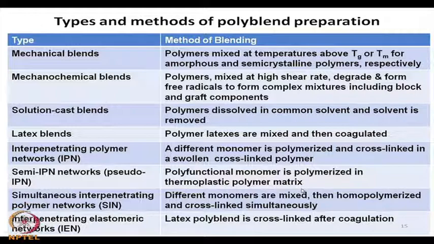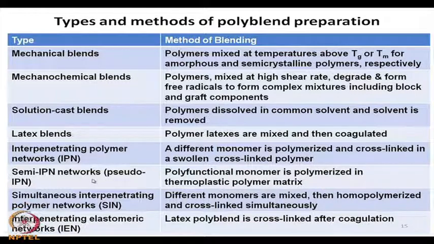So, thermoplastic polymer matrix will constitute one network of one polymer, in which a second monomer having more than 2 functional groups is polymerized, and that will lead to again a 3-dimensional network system within the thermoplastic matrix.